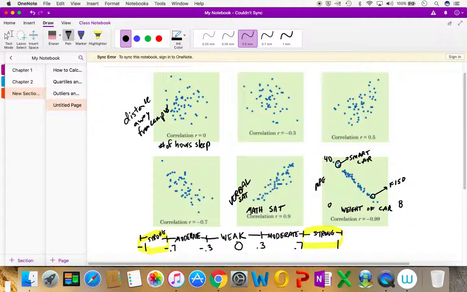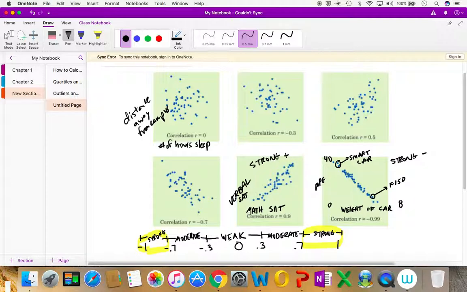The big picture again is as the weight of a car increases, the miles per gallon are going to go down, and it's going to go down in a pretty steady form. So I would describe this scatter plot that we just did as a strong negative relationship, whereas this one over here, I would say is a strong positive.